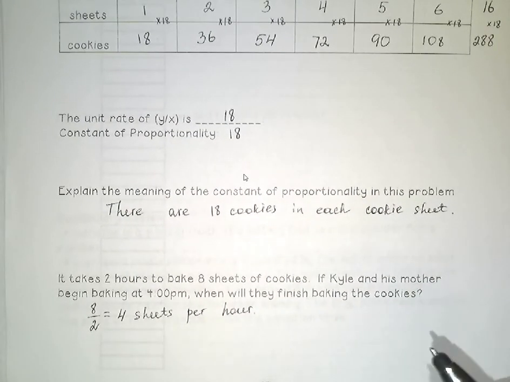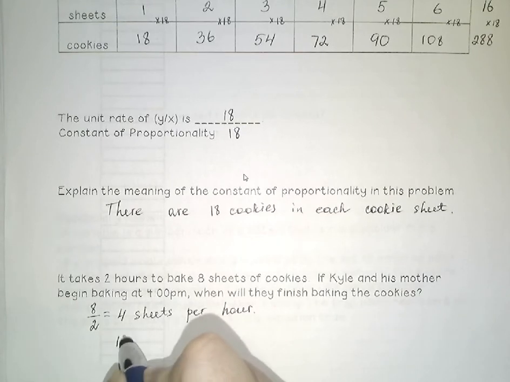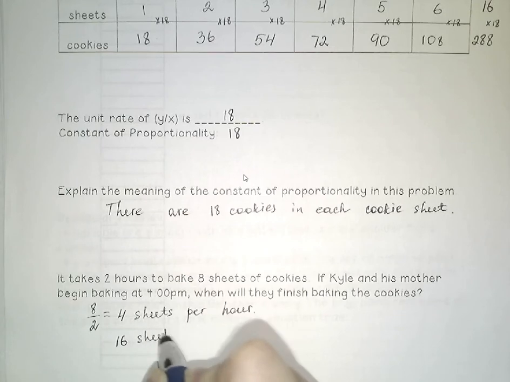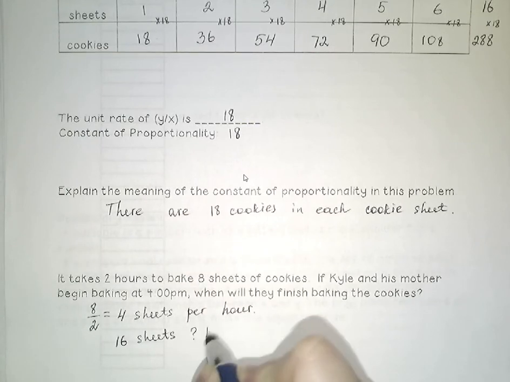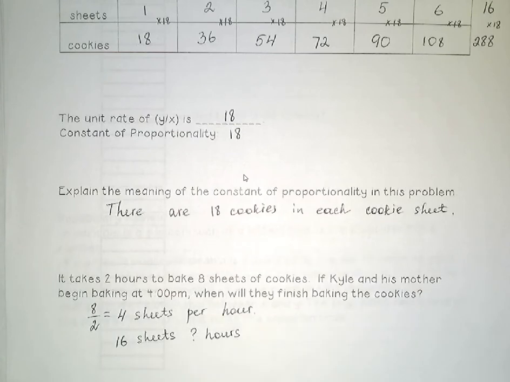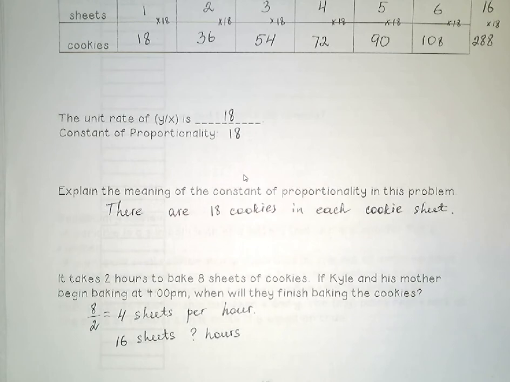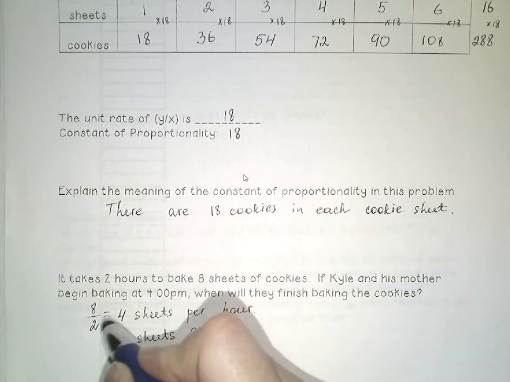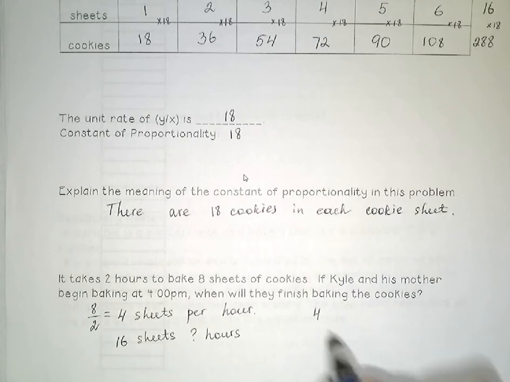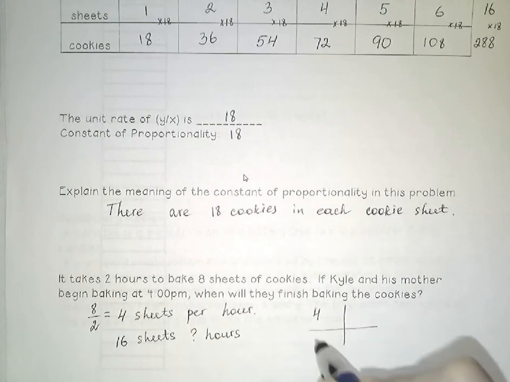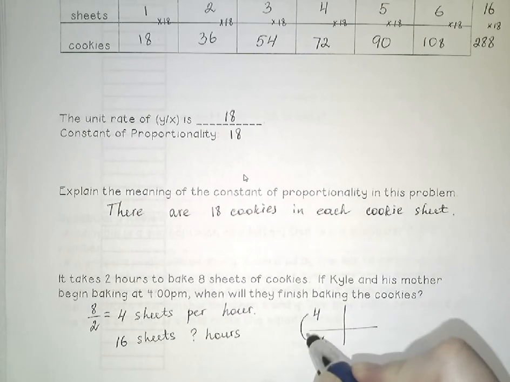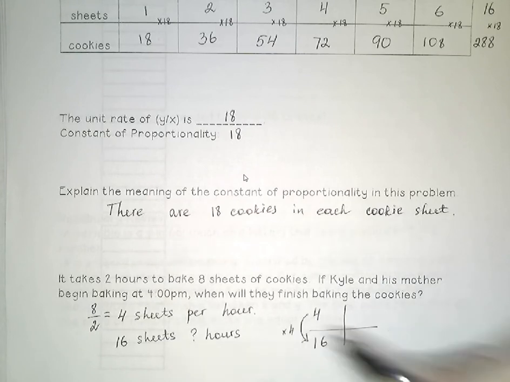Okay, so what we need is 16 sheets in how many hours? Well, to get 16 from 4, we are going to again use a proportional relationship. 4 times 4, so if you make a table again, 4 and 16, 4 times 4 will give us 16.